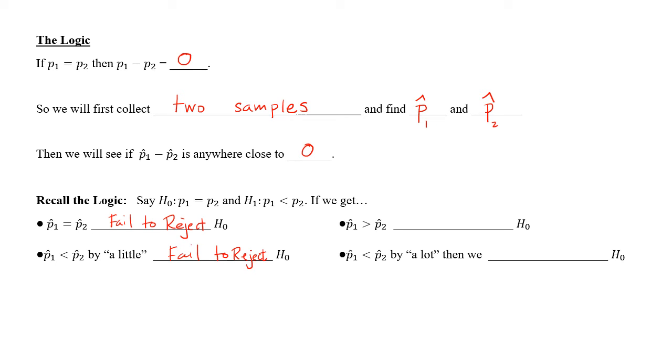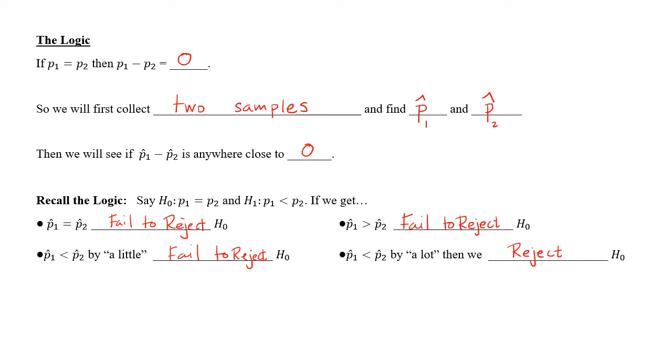If P1 hat is greater than P2 hat, that's opposite of what our alternative is here, so we would fail to reject in that case. And only if P1 hat is smaller than P2 hat by a large amount can we reject the null hypothesis, and we would use that as evidence to support the alternative.